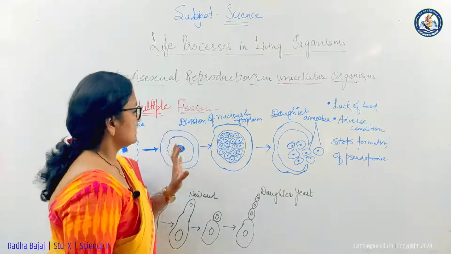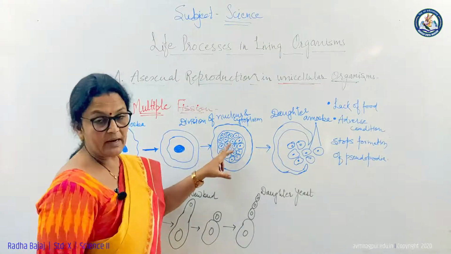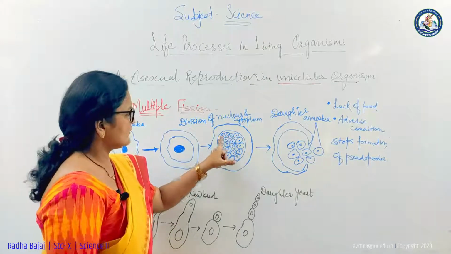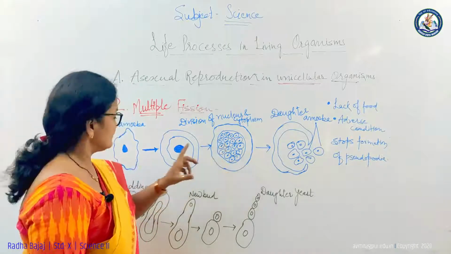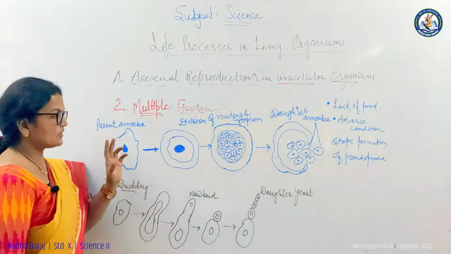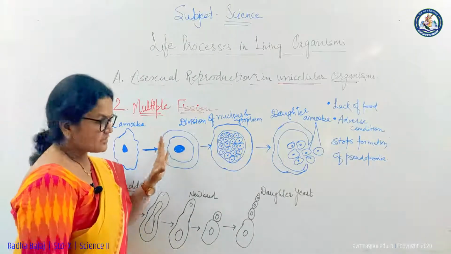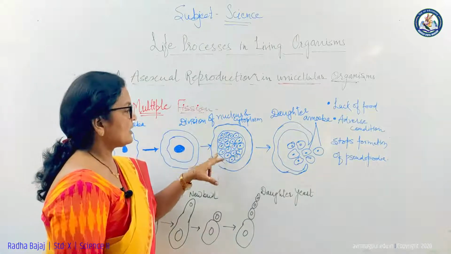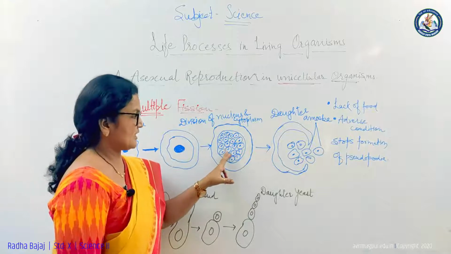In the cyst the amoeba gets enclosed and the nucleus divides into many nuclei, and thereby divides the cytoplasm. Here are many nuclei along with the cytoplasm. मतलब from a single nucleus during unfavorable conditions, it is enclosed in the cyst, and many nuclei are formed by multiple divisions along with the cytoplasm.